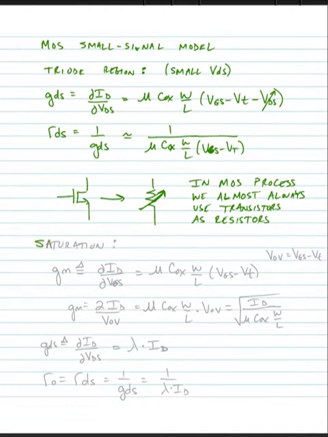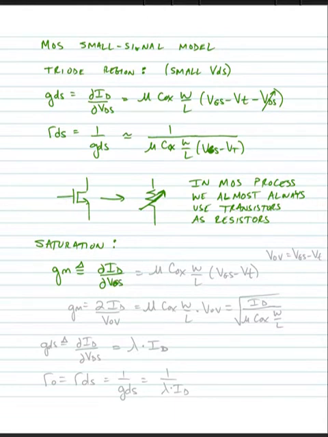All right, now we'll go to saturation. Much like the bipolar device in the forward active region, we have to take into account a couple of parameters. The first is how well the transistor converts voltage to current, or our transconductance GM. And this is defined as the change in drain current versus the change in gate to source voltage.